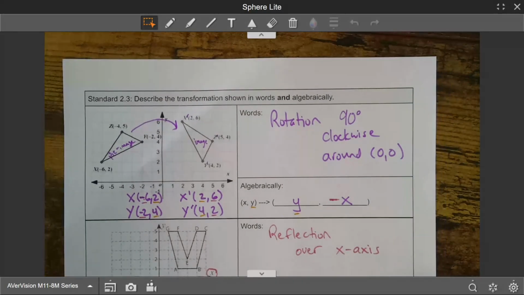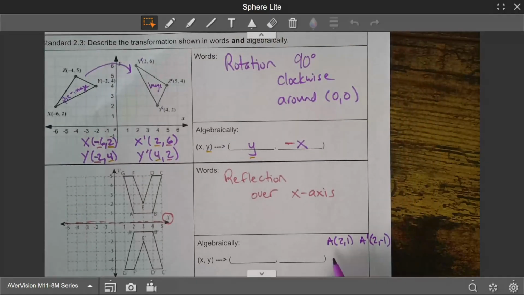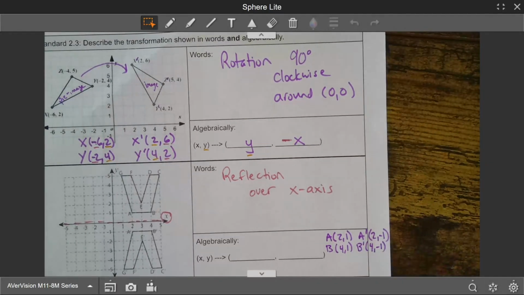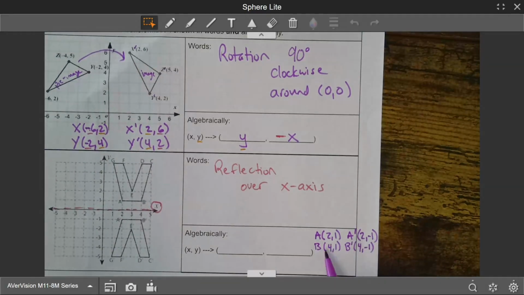All right. So for example, I see that A is at 2, 1, and A prime is at 2, -1. For B, I see B is at 4, 1. I see B prime is at 4, -1. What pattern are you noticing? 2, 2, 4, 4.